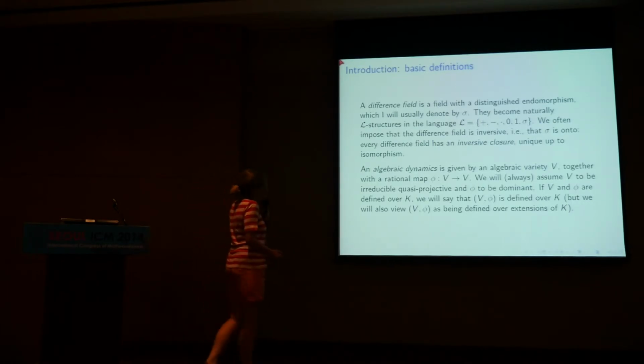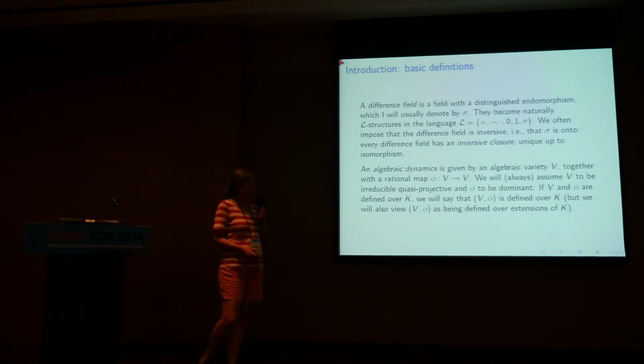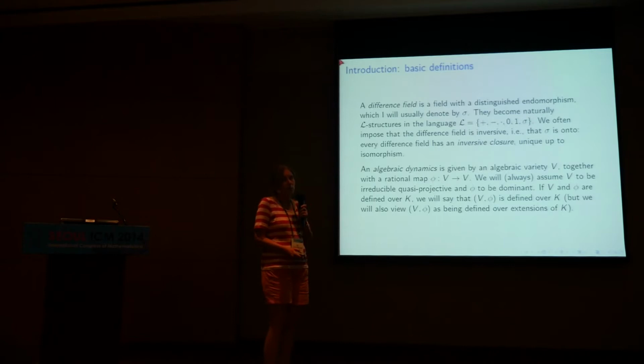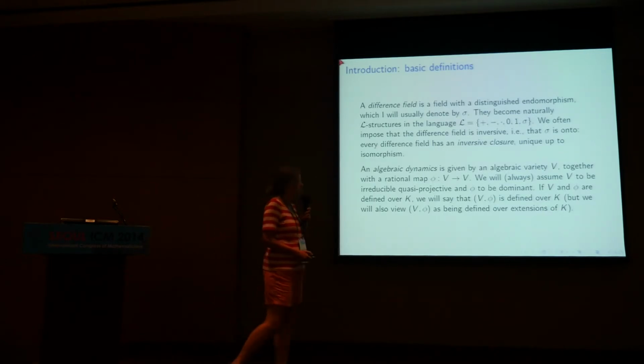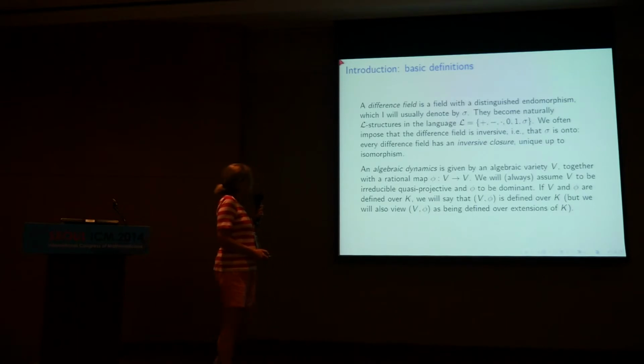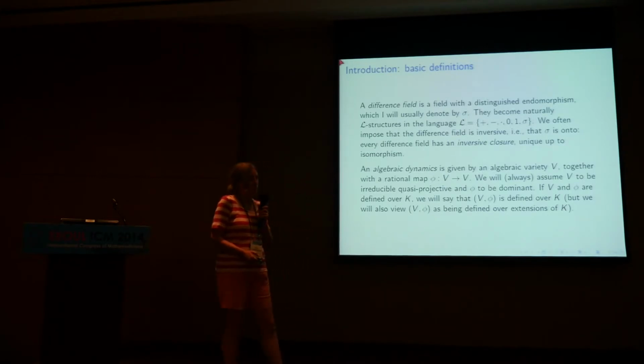Second definition. What I call an algebraic dynamics is given by an algebraic variety V, which I suppose always to be absolutely irreducible, quasi-projective. And together with the rational map phi, which goes from V to V, and again, I'll make assumptions that my map phi is dominant.